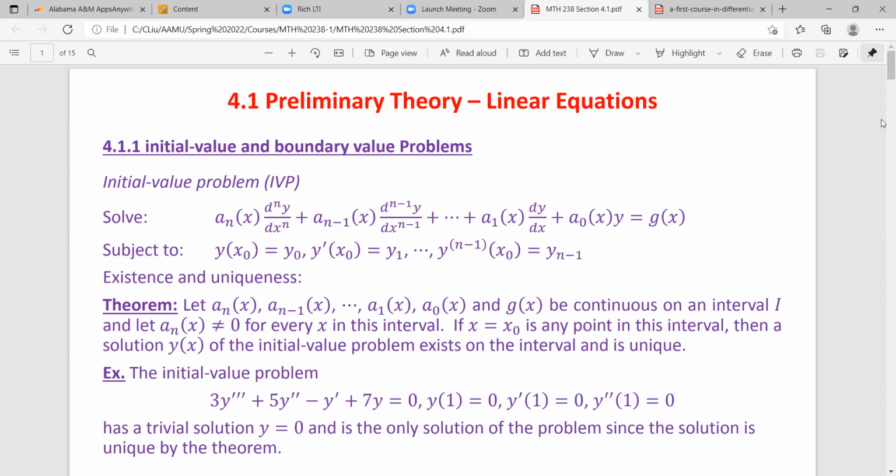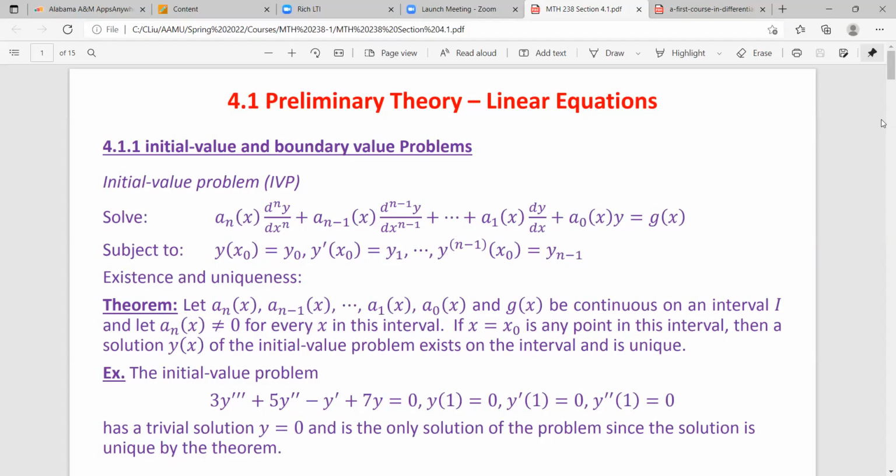So if we plug that into the differential equation, the equation holds. And if you look at the initial conditions, obviously all the initial values of the function y and its derivatives are 0 for that particular function y equal to 0.